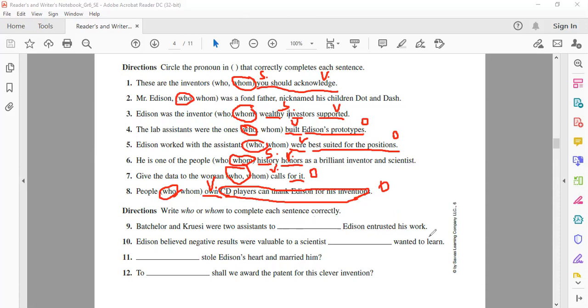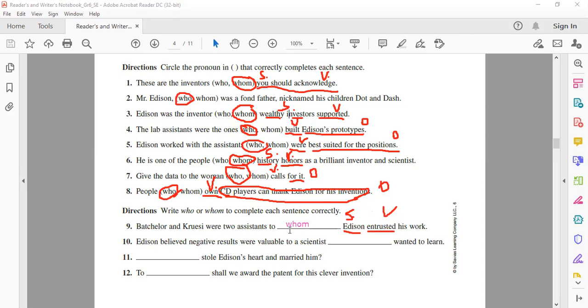The first thing to search for is the verb. Where is the verb? Entrusted. Then I will search if there is a subject with it or an object. How would I know? Subject always comes before the verb. So if there's a word before the verb, then this is a subject. Since I have a subject, what is the missing? Object. So I will put whom.